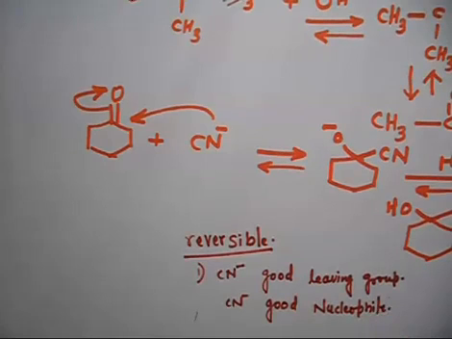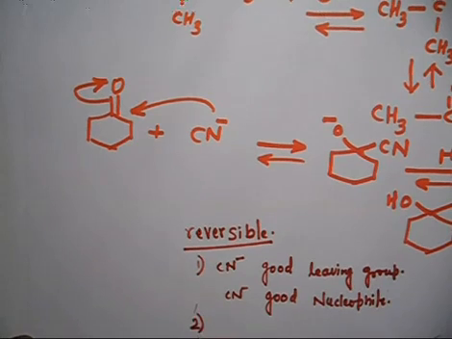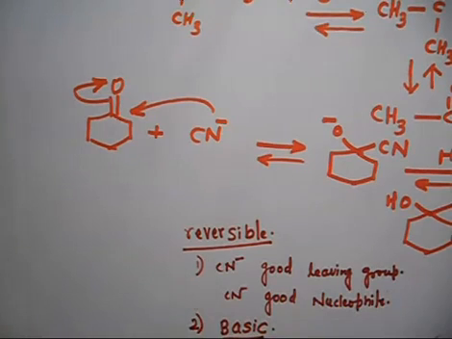If you know something like benzoin condensation, you have the same kind of thing, where CN minus acts as a leaving group as well as a nucleophile. Now any other thing? This reaction is done in basic medium. So you can see in this case the medium is basic.